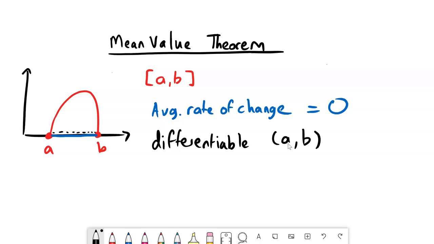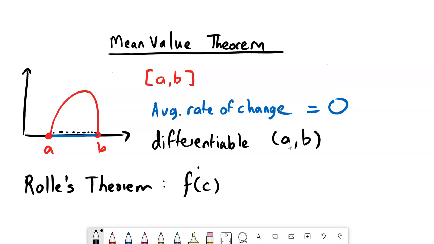I guess this is kind of like a weak version of the mean value theorem. This is known as Rolle's theorem. What this says is that if you have this condition right here where the average rate of change is 0 between 2 points, there's going to be a point or a value here where its derivative at a point somewhere here is equal to the average rate of change, which is in this case equal to 0.